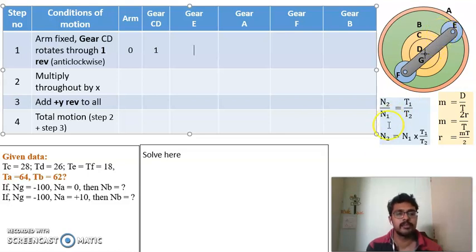We know generally when two gears 1 and 2 are in mesh, then N2 upon N1 is equal to T1 upon T2. N2 will therefore be equal to N1 into T1 by T2.